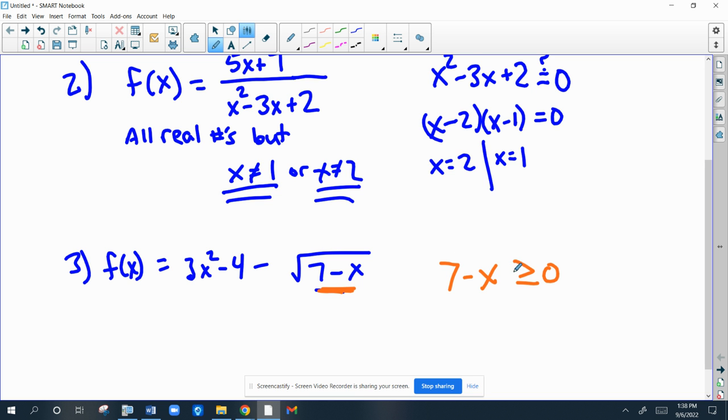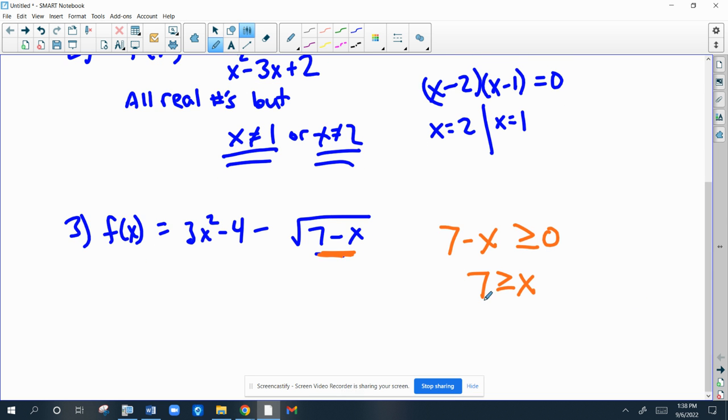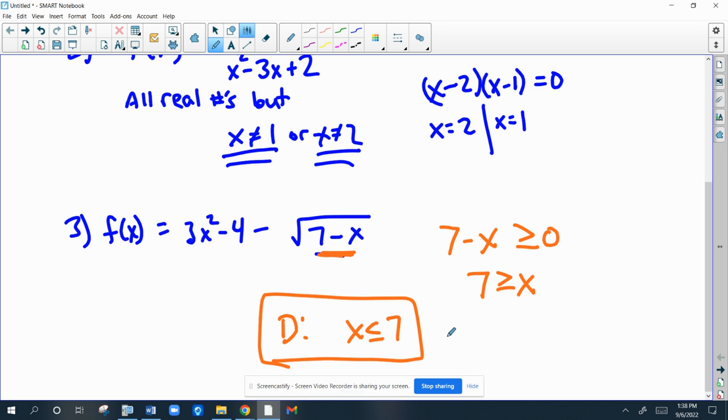I think the easiest way to do this problem is, see that minus x? Just add x to both sides. That means x is less than or equal to 7. So the domain of this, for it to work, is x must be less than or equal to 7.